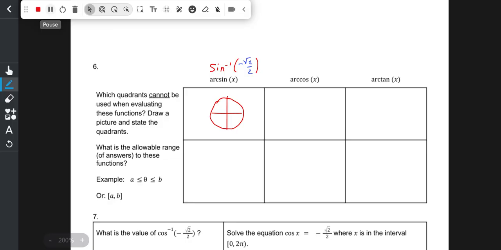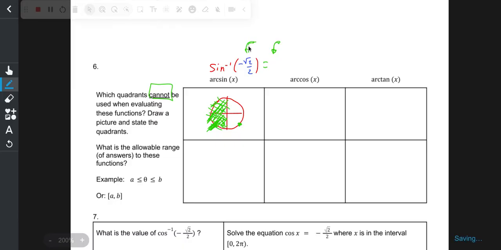And let's say that value is square root of 2 over 2. The function is going to tell you the location on the unit circle where sine is this value. The function will give you a single answer for this single input, and that will be only here.